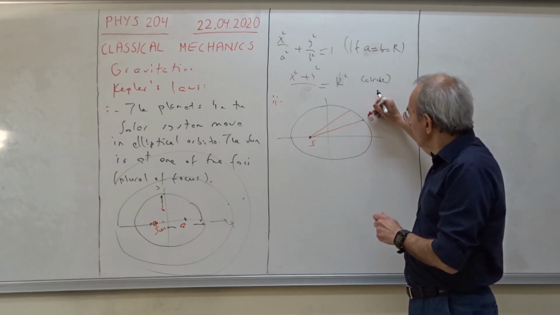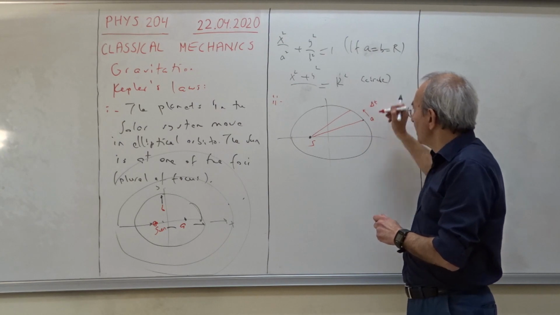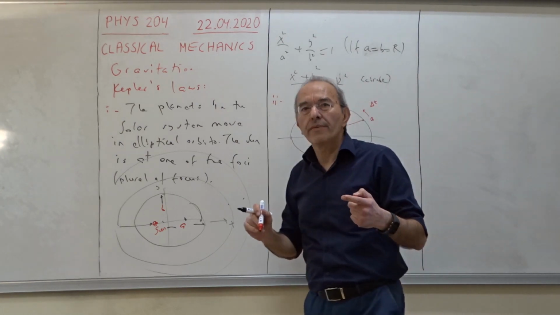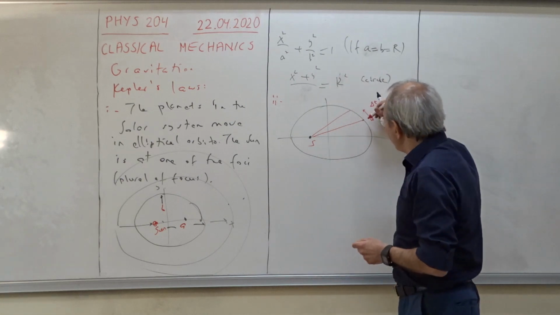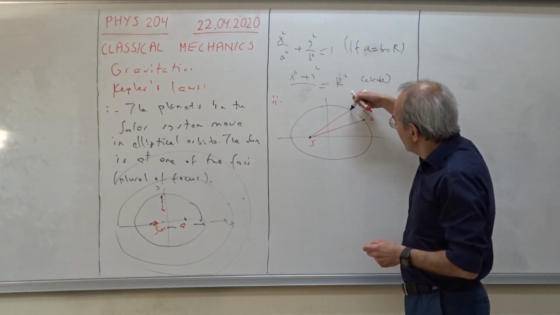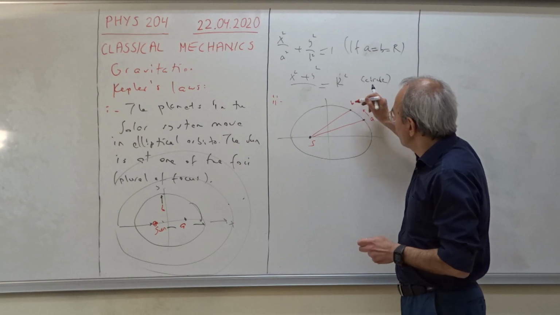For instance, during a certain time, let's say that time is delta t, maybe 1 month in a year, that planet arrives at the new position B.